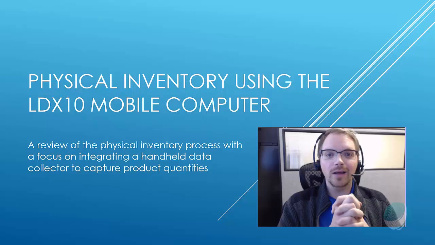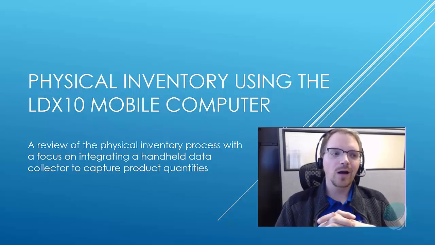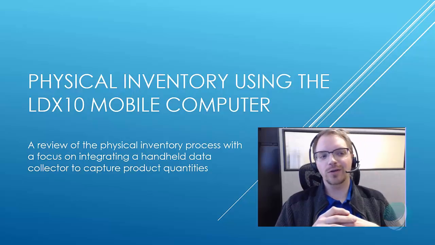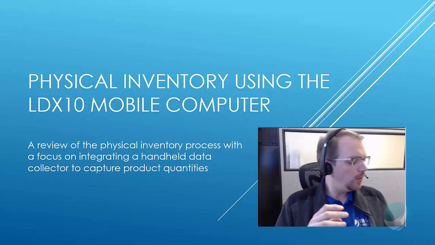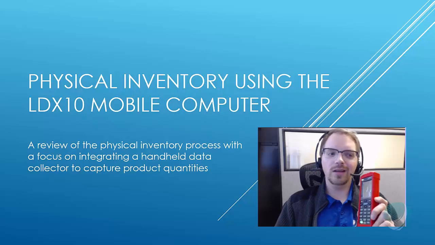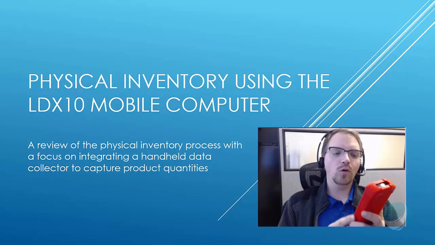So let's go ahead and get started. As you see here, we're basically going to be reviewing the AIM-SI physical inventory process, really with a focus on using this handheld data collector. This is the LDX10 mobile computer.